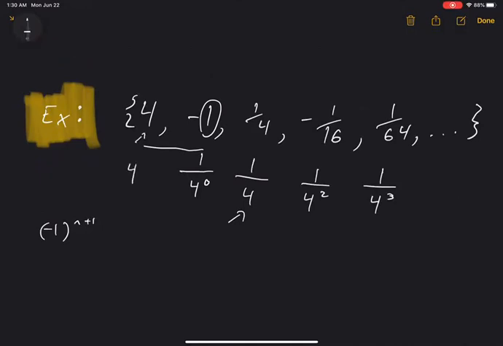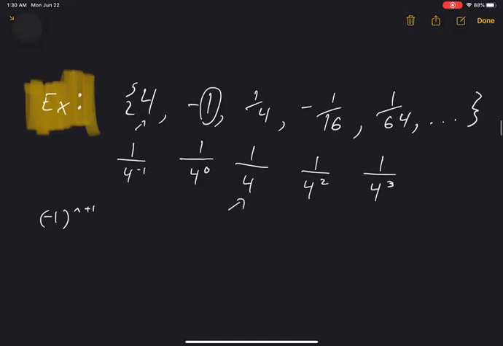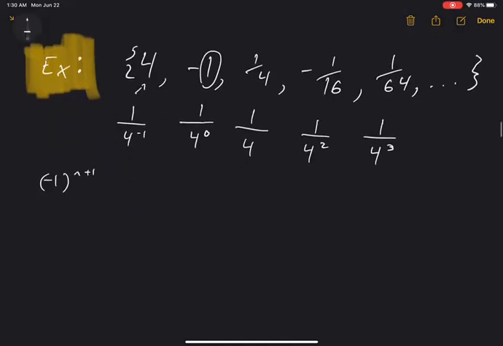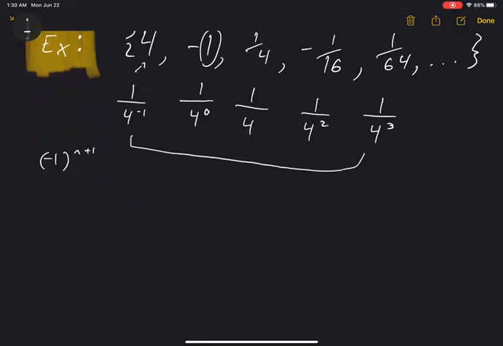I could write that as 4 to the power 1, or I could also write that as 1/4 to the power -1. Those would both give me 4. So I have a little bit of a choice here. I could write my formula as 1/4 to the -2 plus n. How about that?